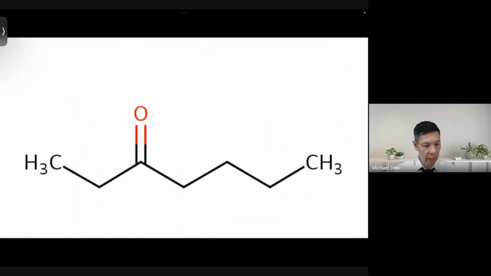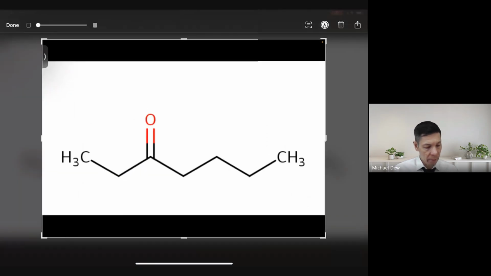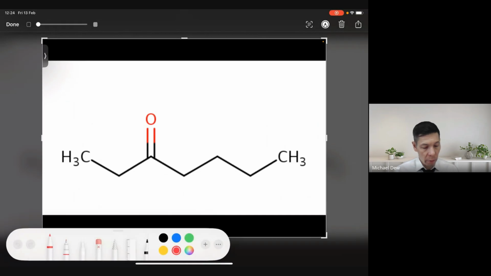Taking a look here, we need to count the carbons first. On the left, I know there's a carbon here. If it's not a carbon, we should have another letter from the periodic table, or symbol, to mean that it's a different atom. If it said N for nitrogen or O for oxygen, that would be there.